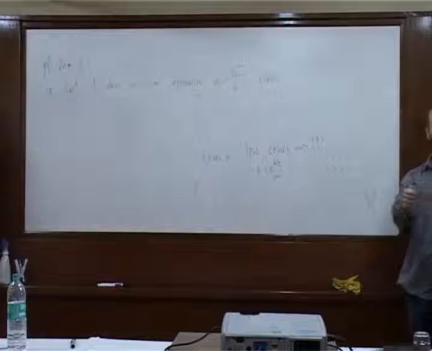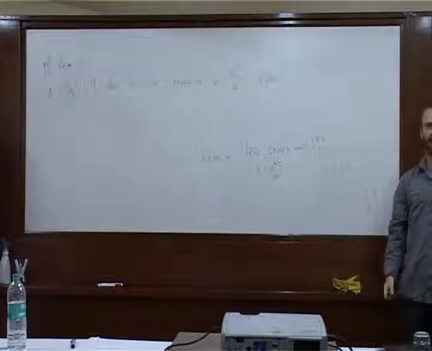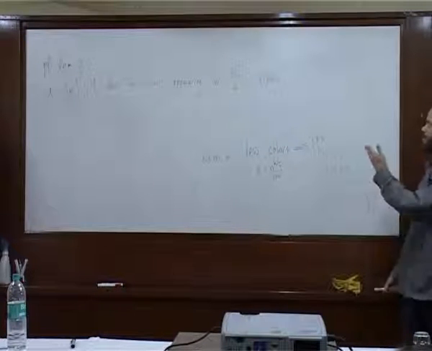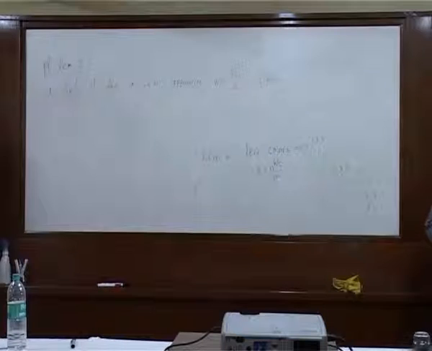There are n squared positions, there are k colors, so there is a color that appears this many times. Okay? So this will be this color on the diagonal.